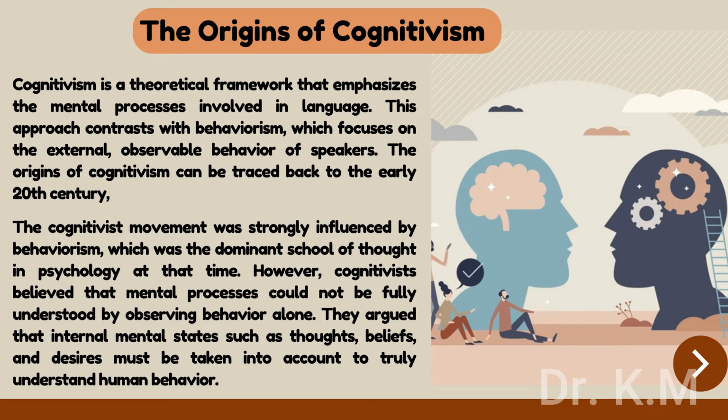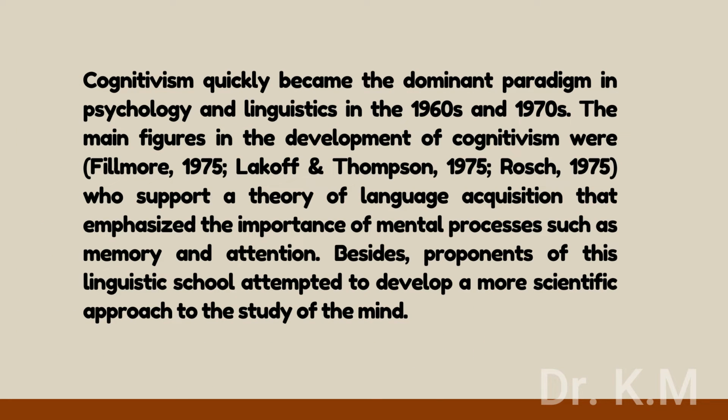However, cognitivists believed that mental processes could not be fully understood by observing behavior alone. They argued that internal mental states such as thoughts, beliefs, and desires must be taken into account to truly understand human behavior. Cognitivism quickly became the dominant paradigm in psychology and linguistics in the 1960s and 1970s.